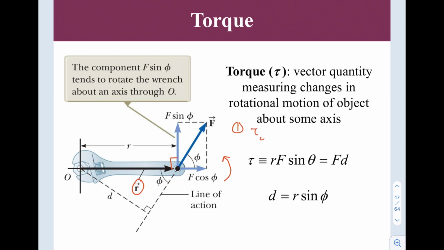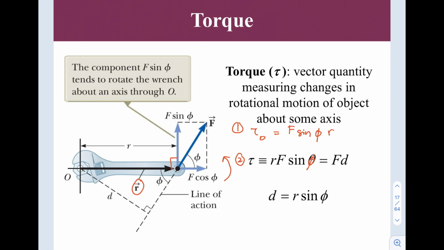So method 1: torque about point O is equivalent to F sin phi, this is phi, times the perpendicular distance, which is R. This is the first method.